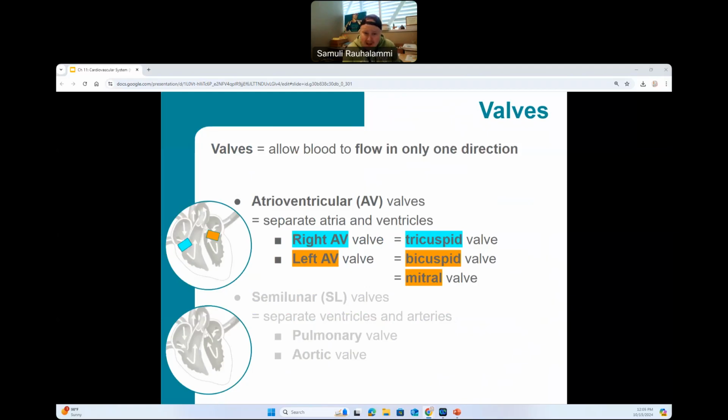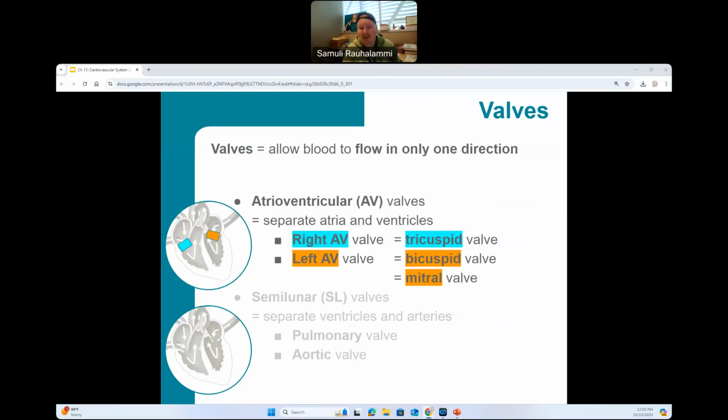And on the left-hand side, we're going to see our left AV valve. This separates the left atria from the left ventricle. And this is also known as a bicuspid valve because now we see 2 leaflets in this AV valve. We also see another name sometimes being used describing left AV valve.